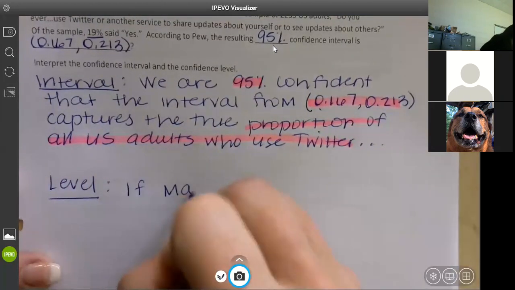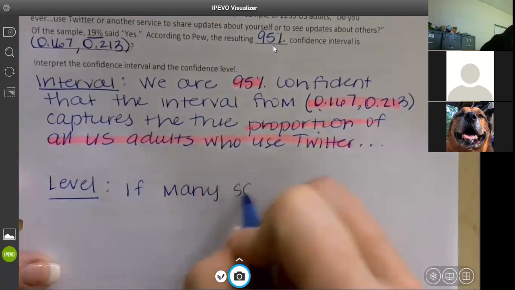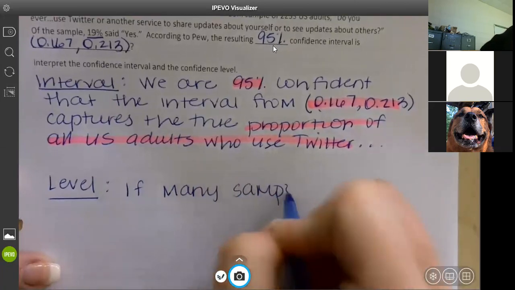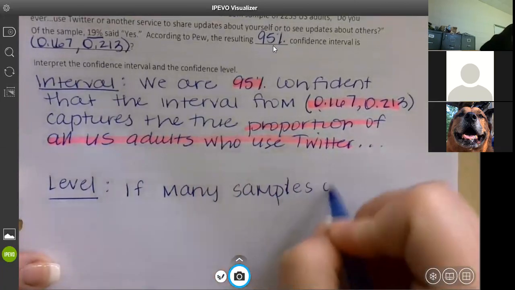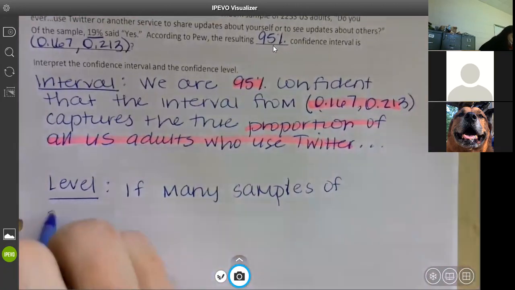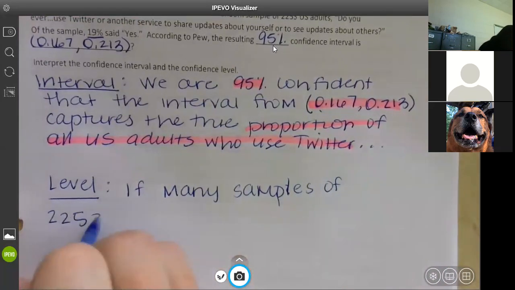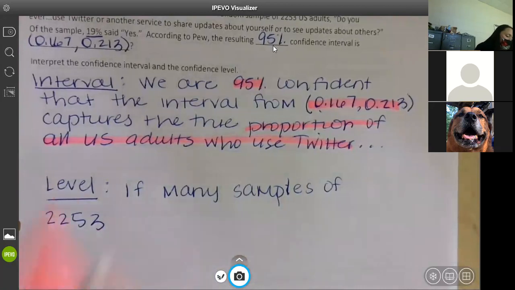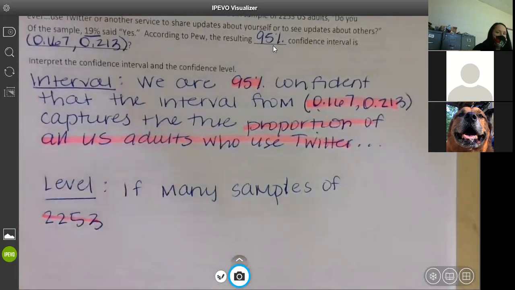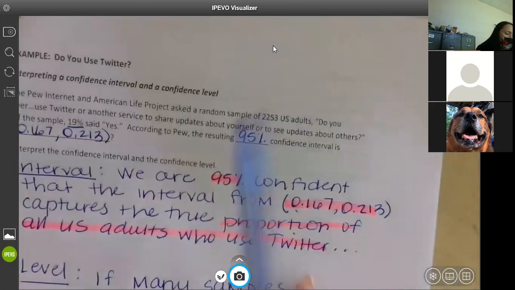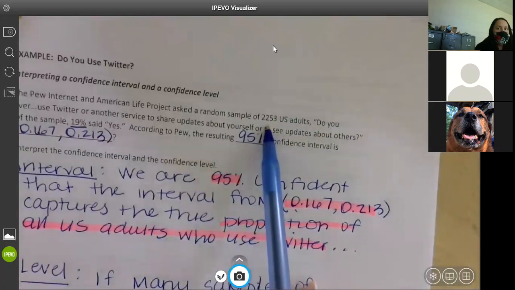If many samples of, right here, you're going to write your sample size. So this will vary. 2253, where did that come from? They took a random sample of 2253.